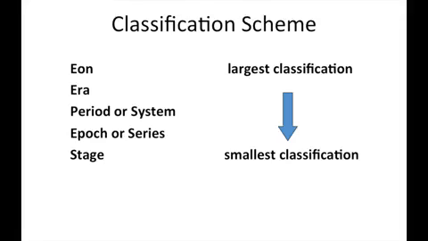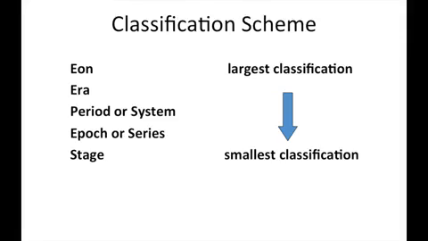So here's the structure of that classification scheme. The largest classification is called the eon. The next largest classification are called eras. Depending on whether you are on the west side of the Atlantic in North America or here in Europe, you may call them periods or systems.